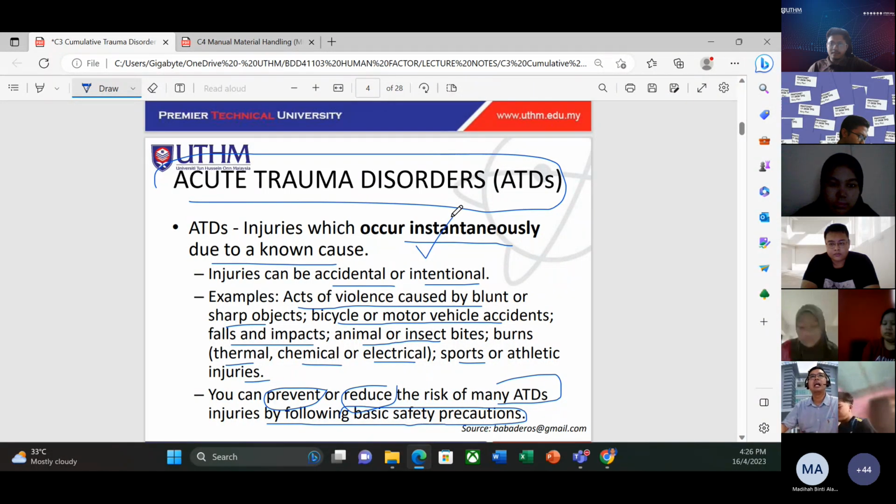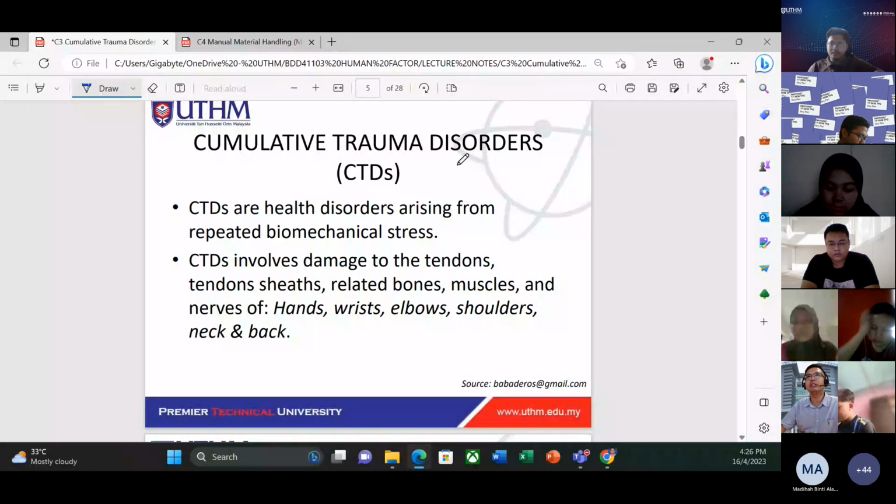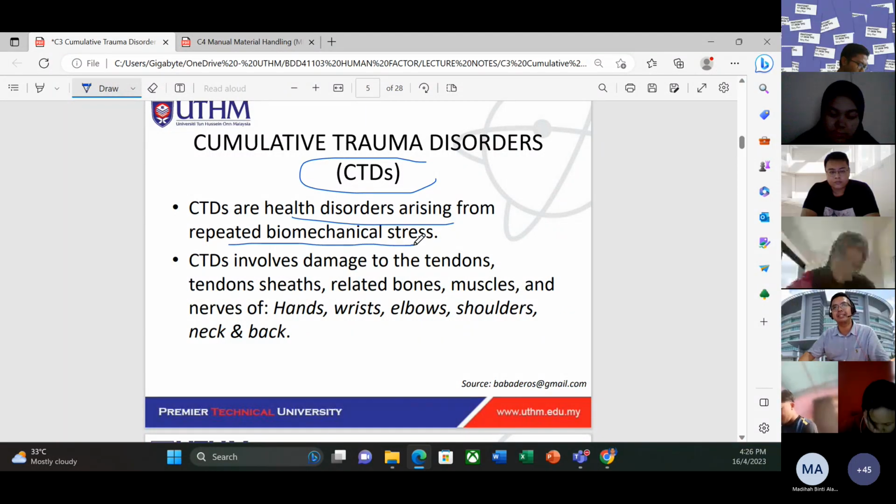Okay. Meanwhile, for the cumulative trauma disorder, CTD: CTDs are health disorders arising from repeated biomechanical stress. What is a biomechanical stress or biomechanical risk factor? Including awkward posture, repetitive motions, forceful exertion, carrying heavy manual handling, for example.